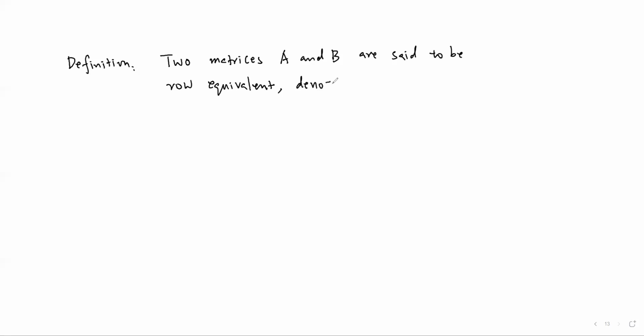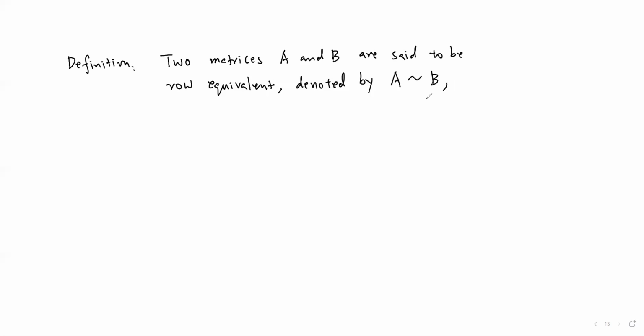The notation is denoted by A tilde B. A tilde B means these two matrices are row equivalent.